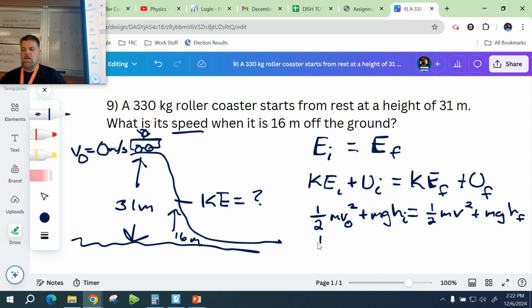Well, I'm going to divide everything by the mass. Okay? So I'm going to take that whole thing and I'm just going to divide each term by the mass.